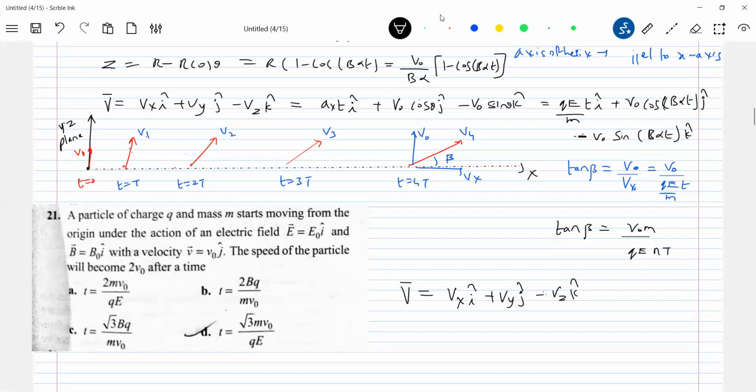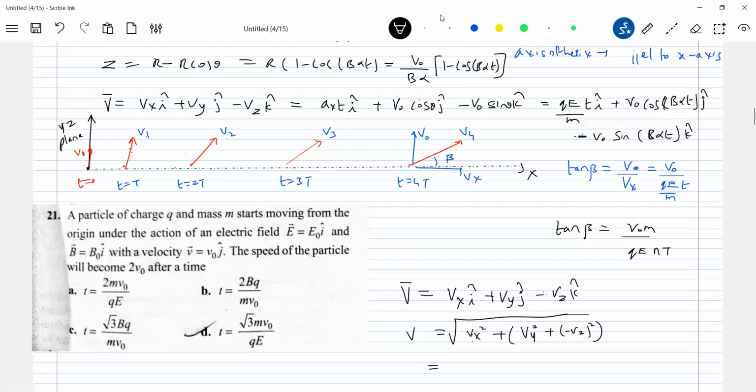Speed is asked, no? So Vx square plus Vy square plus Vz square.